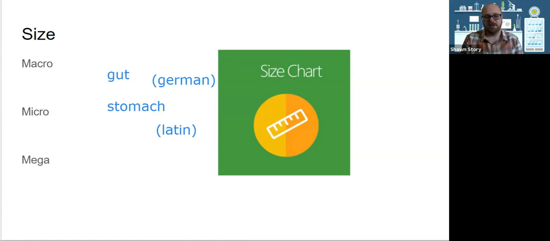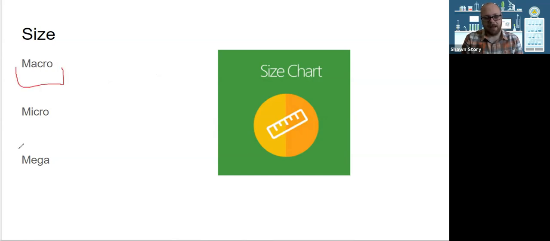The only difference is stomach has a feeling of being a little more proper, a little more educated, because it came from those groups of people. English has a lot of these vocabulary words where we have the same meaning from different families. So that's why macro and mega are the same thing, just different language groups.